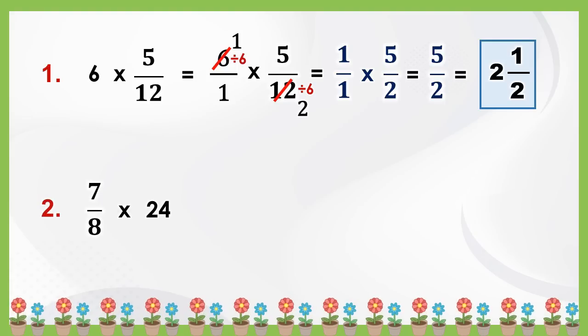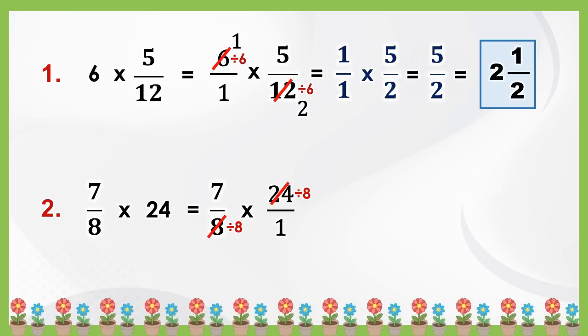Number 2. 7 over 8 times 24. Rewrite 7 over 8 times 24, which is the same as 24 over 1. Now, find the common factors. The common factors are 8 and 24, and their common factor is 8.